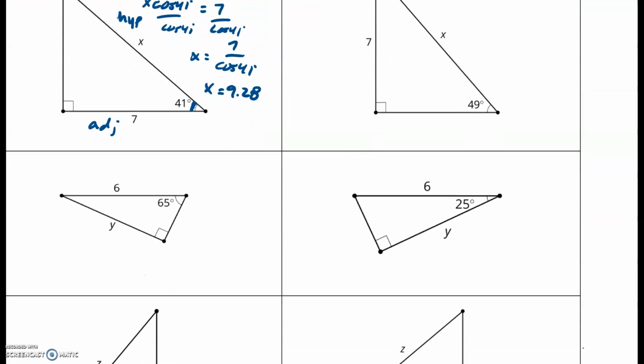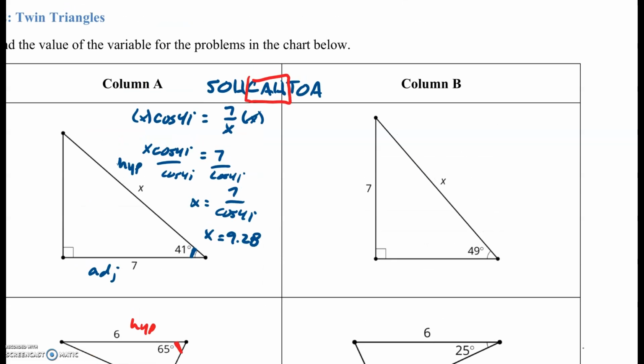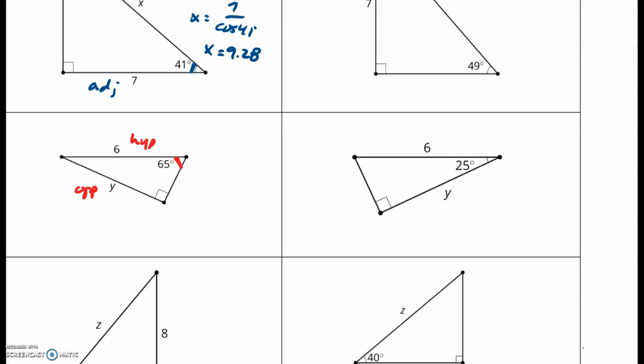Okay, moving down, same type of situation. I have my angle of 65 degrees, the hypotenuse is 6, and the opposite is y. Opposite and hypotenuse go together with sine. So the sine of 65 degrees is equal to the opposite, y, divided by my hypotenuse of 6.